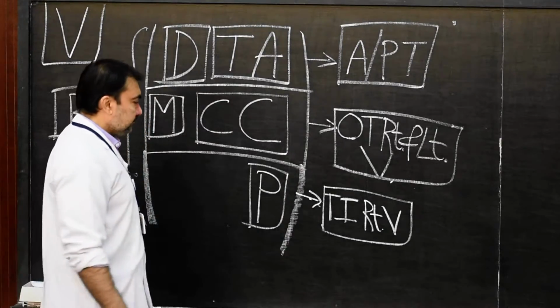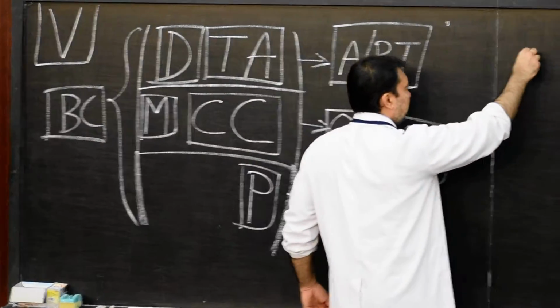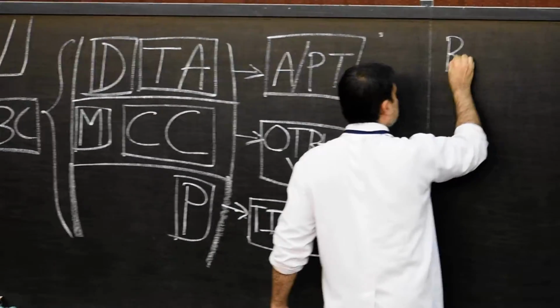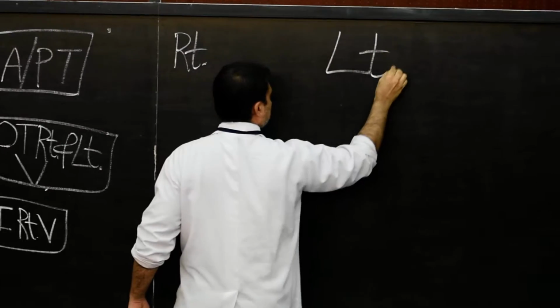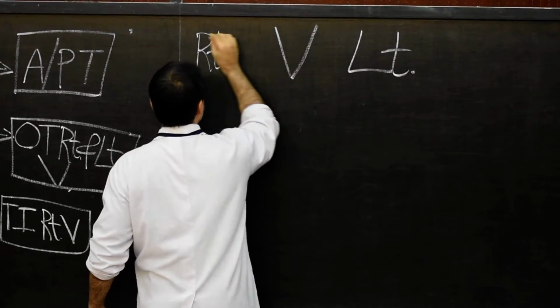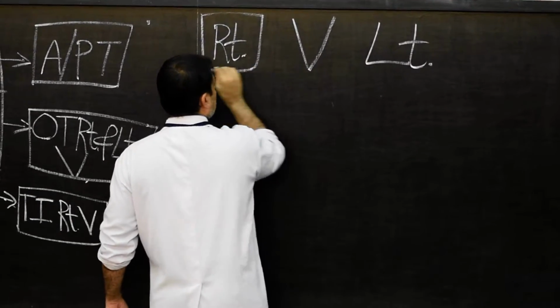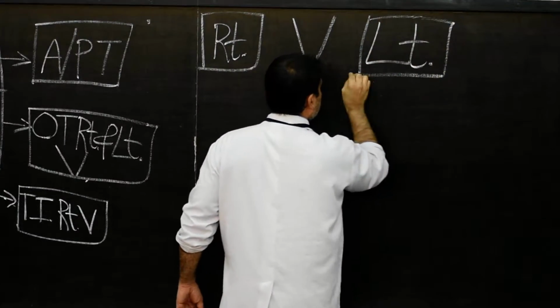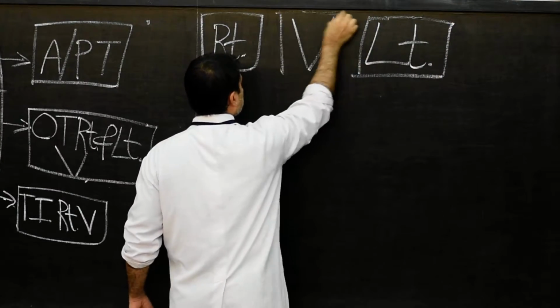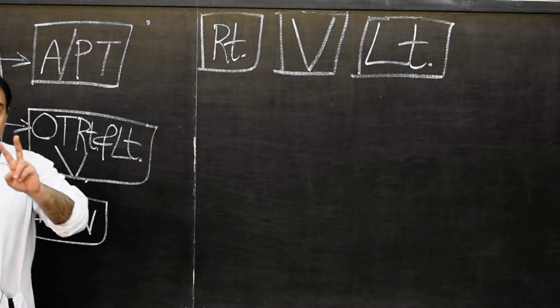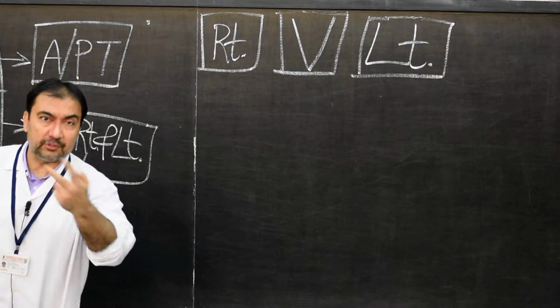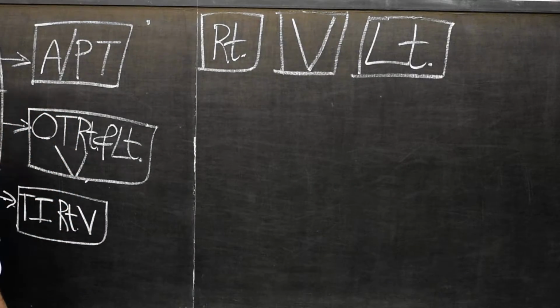Now we come to, let us consider right and here left ventricles. So right and left ventricles, each ventricle will develop from 2 sources. What are those 2 sources?